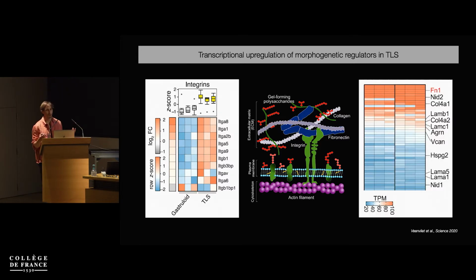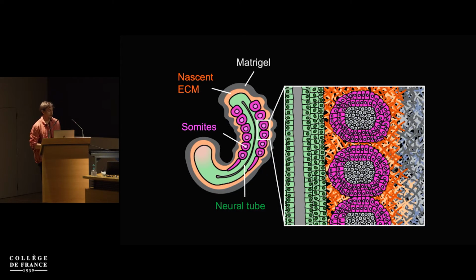However, if we now look at ECM factors, for example fibronectin, we do not see any transcriptional differences. So yes, the anchors, the integrins, are differentially expressed, but not the ECM proteins. This led us to believe, in combination with a whole lot of other observations, that it's not so much the concentration of ECM proteins that drives the embryo-like architecture, but their localization.